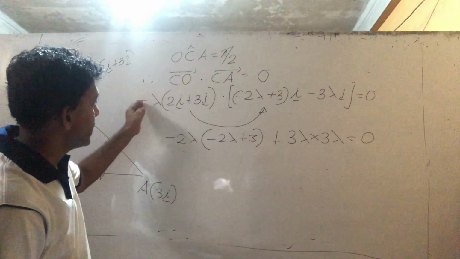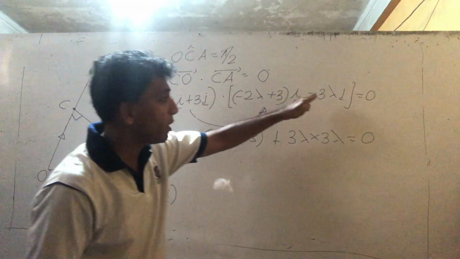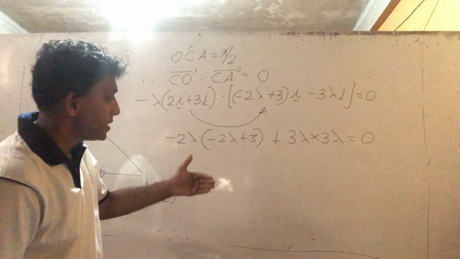Here minus 3 lambda and also minus, therefore minus times minus gives plus, and j dot j is 1.